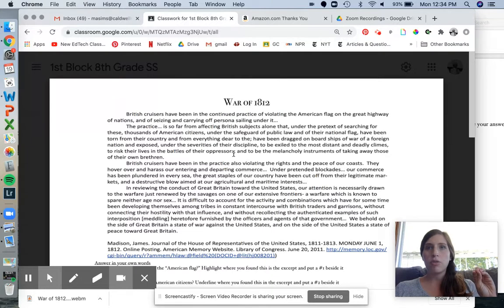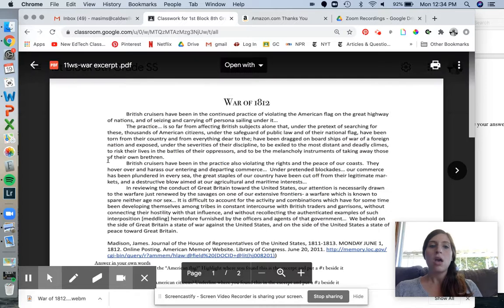So they're being forced to fight for a country that is not their own. And then he's going to go on and say, and to be the melancholy instruments of taking away those of their own brethren, which means that they're being used to kidnap other Americans and force them into the British Navy. So that is called impressment again, okay?